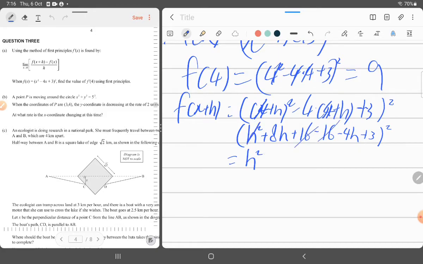These two cancel out, plus 4h plus 3. We square all this again.